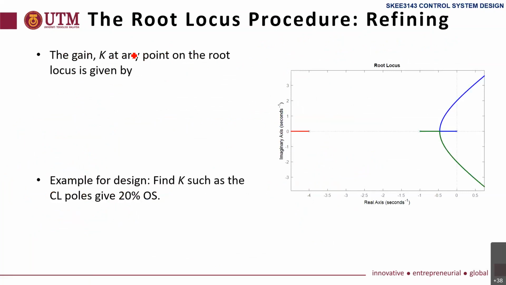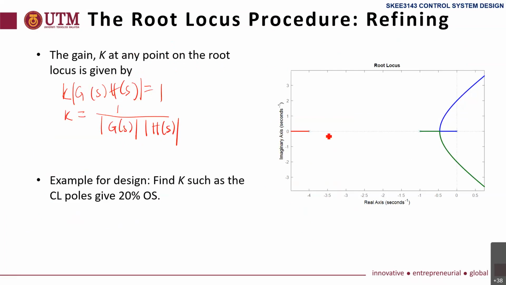The gain at any point on the root locus can be obtained by using this formula, because we know that the magnitude of K G(s)H(s) equals 1. So K is obtained by using this formula.